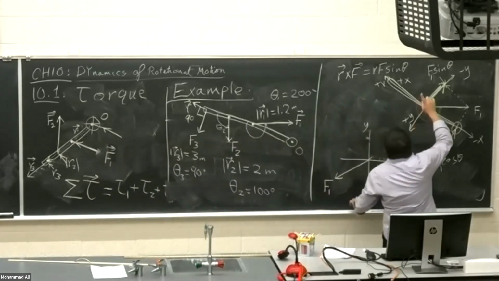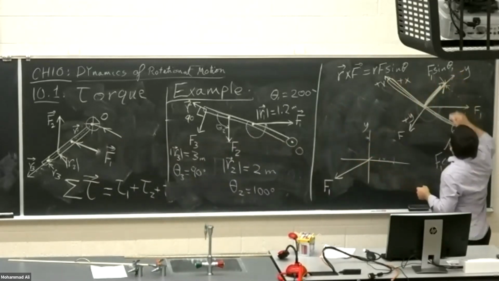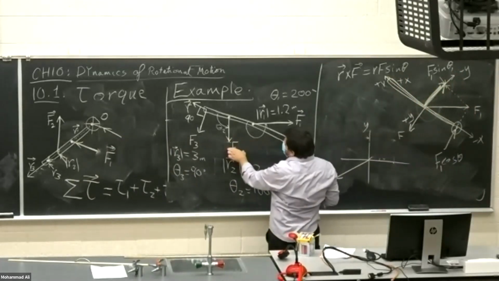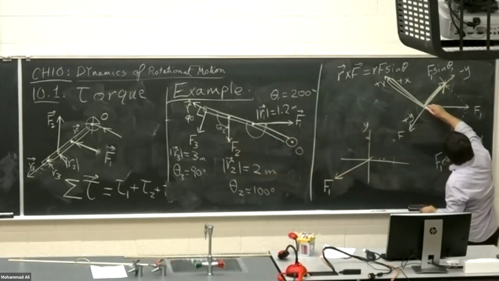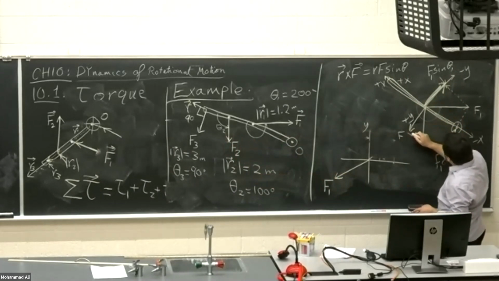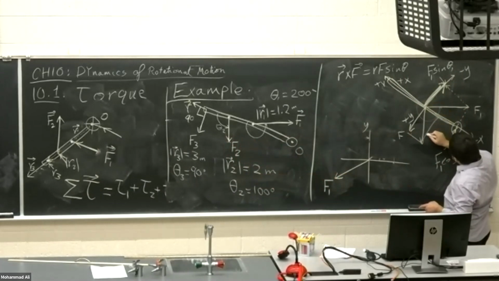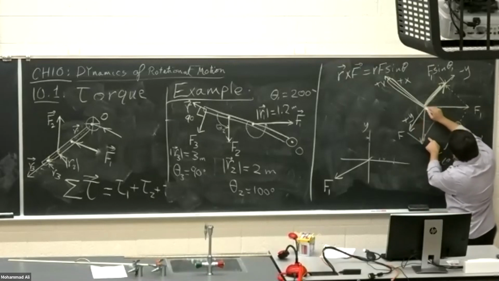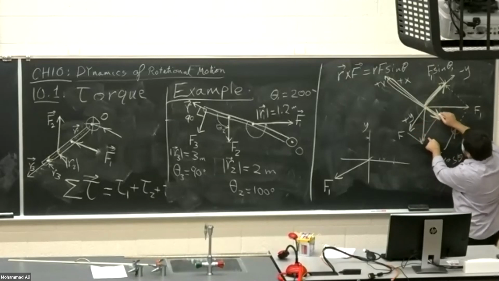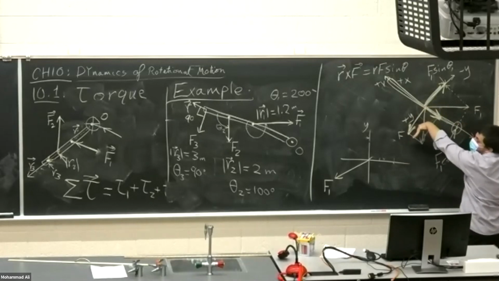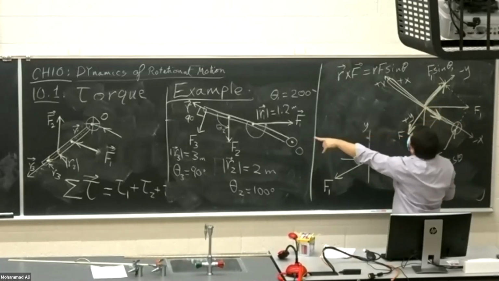I'm talking about F1 and theta 1. Okay? And the same for theta 2 and F2. F2 is downward like this. So it has a perpendicular. This is the perpendicular in this direction and tangential. This is F2, has this tangential part or component, and this is its perpendicular effective force. What about that one?